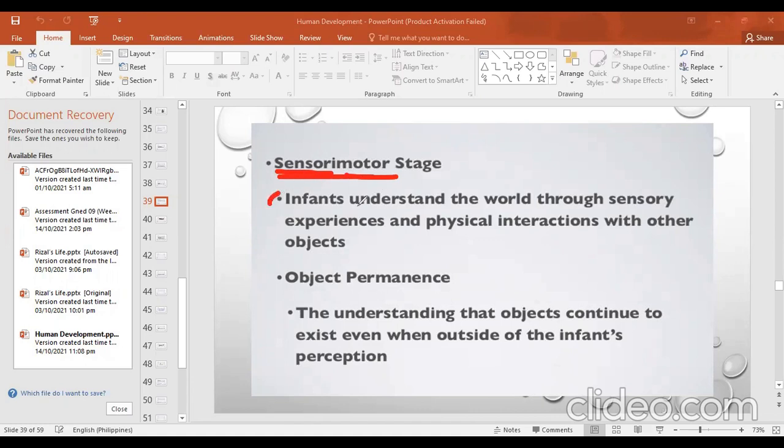Infants understand the world through sensory experiences and physical interaction with objects. So they develop what we call object permanence, the understanding that objects continue to exist even when outside of the infant's perception.